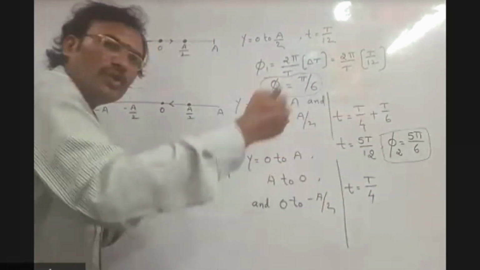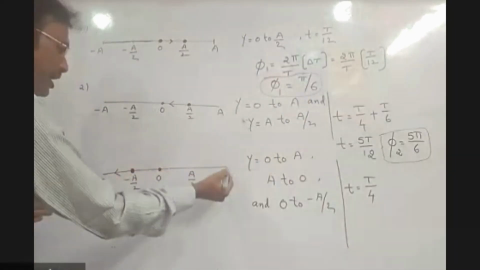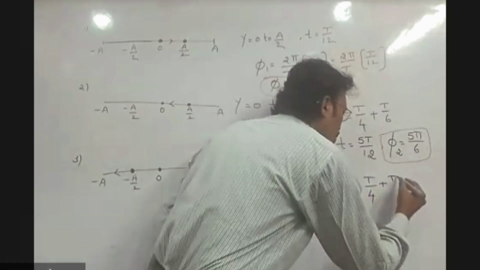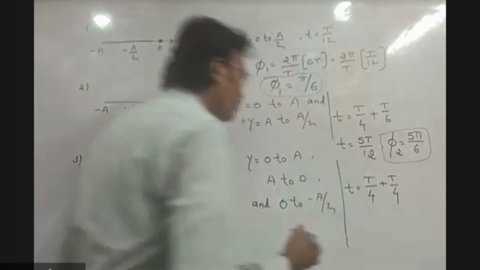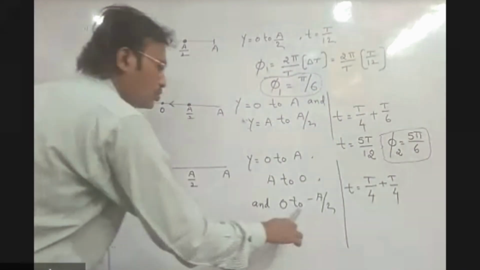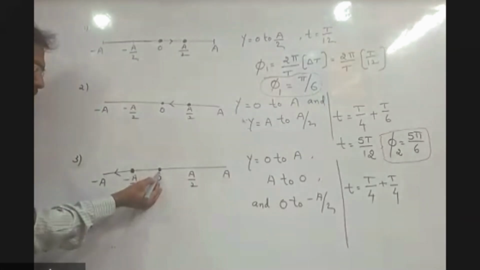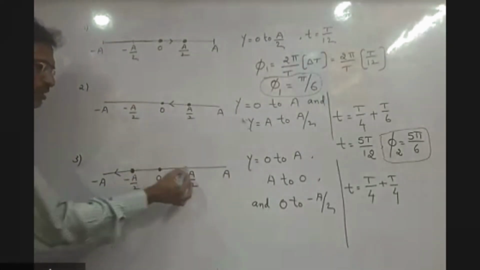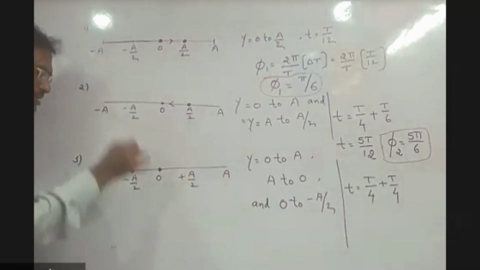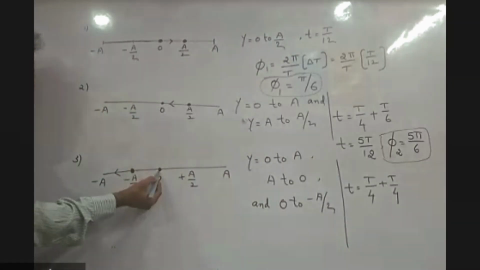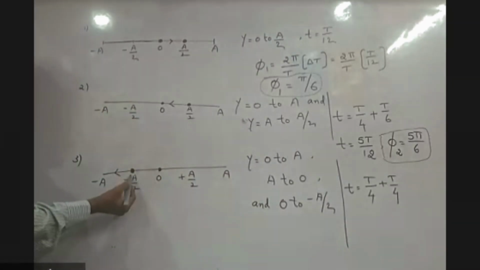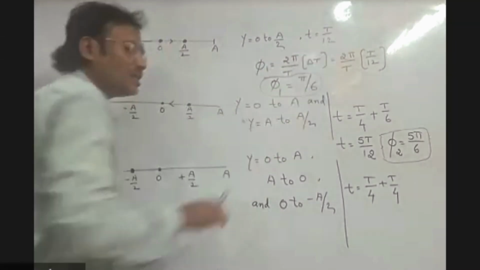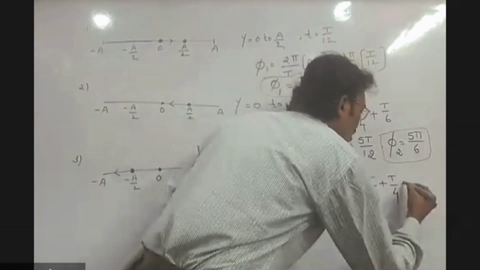Again A to 0, it is coming back, again the same time, T by 4. And another one, 0 to minus A by 2, from mean position to minus A by 2. Whatever time is taken by the particle from the mean position to plus A by 2, the same time is considered from the mean position to minus A by 2 also. So from 0 to A by 2, the time is T by 12, and the same time is considered here.